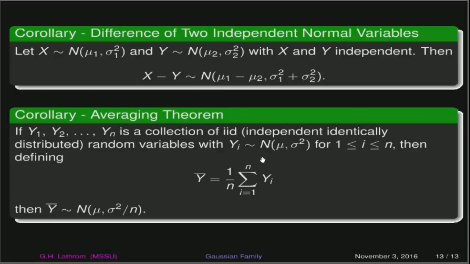Then if we take the average of those variables, the average turns out to be normally distributed with a mean of mu and a variance of sigma squared over n.